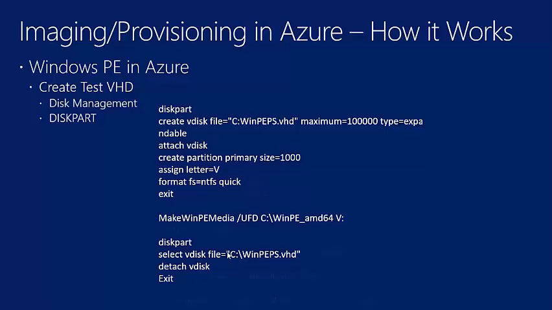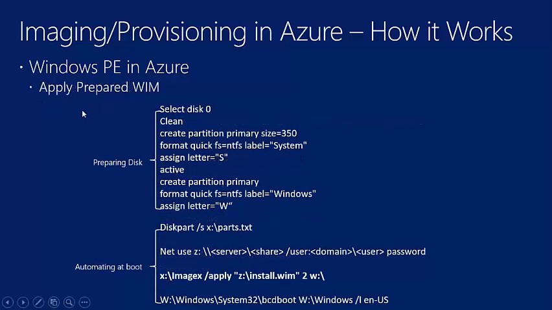All right, with all that done, then I need to prepare the WIM, or prepare Windows PE so I can apply the prepared WIM. Well, there are a couple of ways I'll do that. So creating PE is part of the battle. The second part is engineering PE so that whenever it first boots, it will proceed with the process of applying the WIM. Well, how do we do that? Well, we need to create, first of all, a diskpart script.